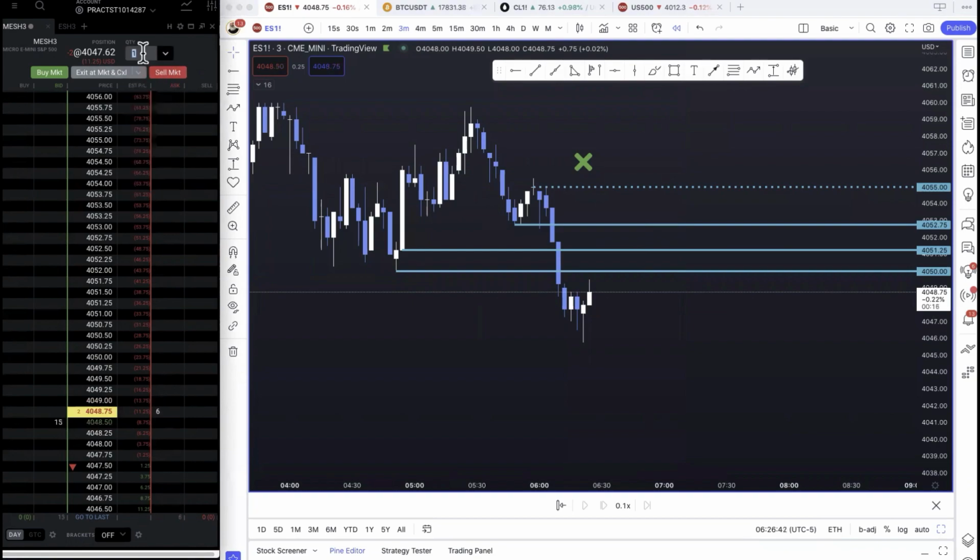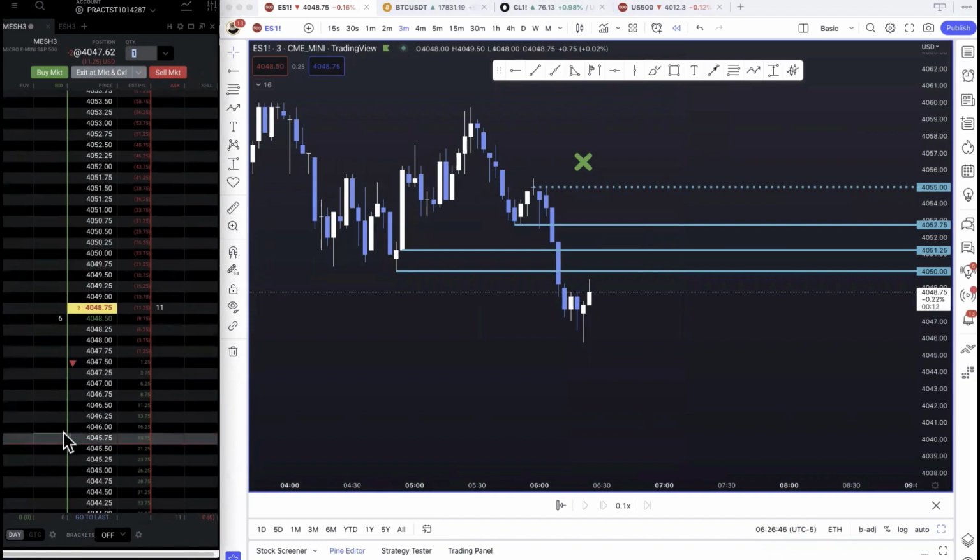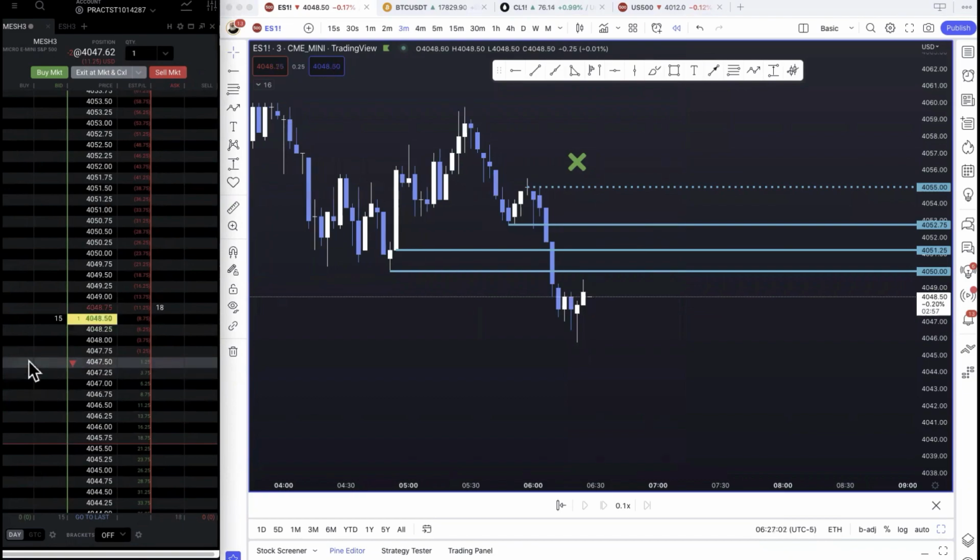I'll drop my quantity to 1, not immediately, but once I want price to move away. So let's say I entered here. When price moves away at least 5 or 6 or 7 ticks, I can now spread out my orders 1, 1, 1, 1 and manage them individually if I wanted.